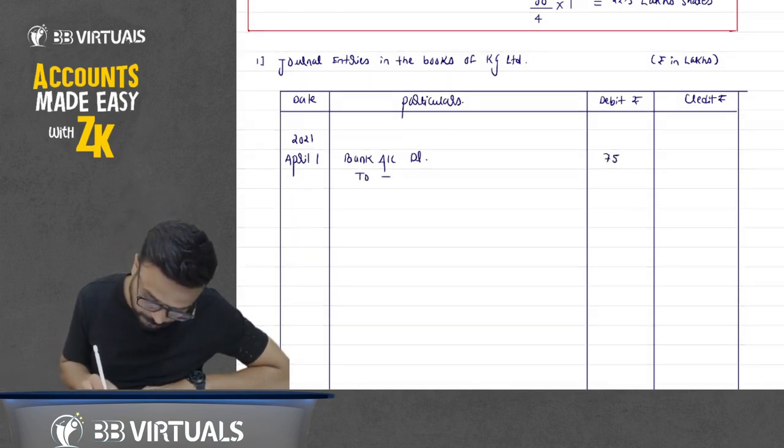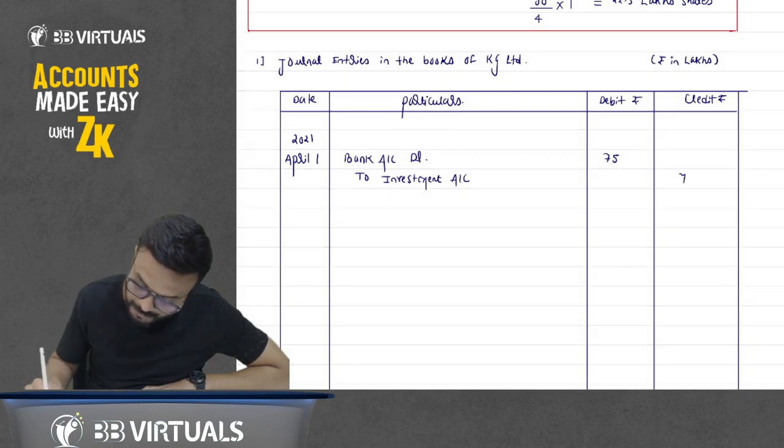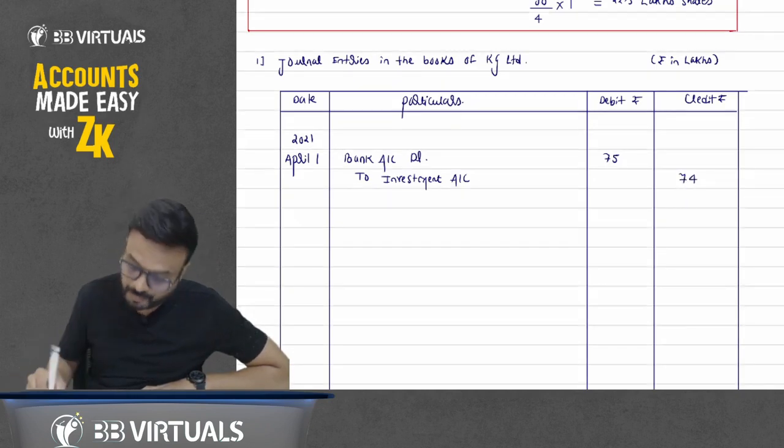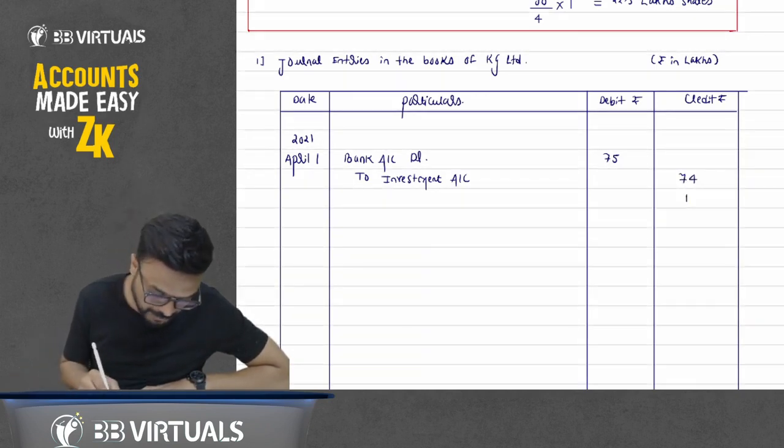To investment account. What is the book value of investment? 74 lakh. This is the profit of 1 lakh. This profit we transfer to P&L account.